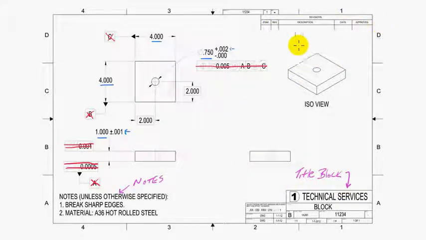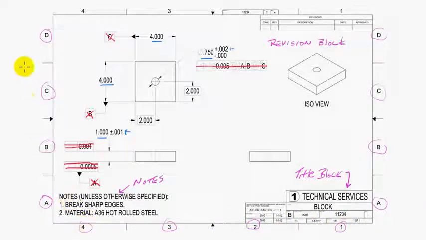And then we've got something up here. This is called a revision block. And then we've got, and you won't always see this, but usually you will, some letters going vertically up each side of the drawing border, right? And then we've got numbers going across.